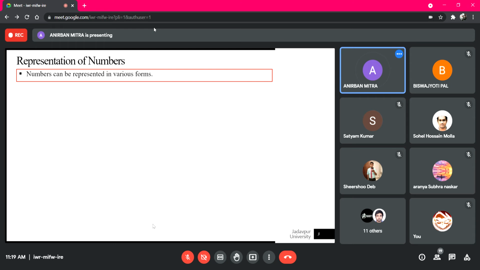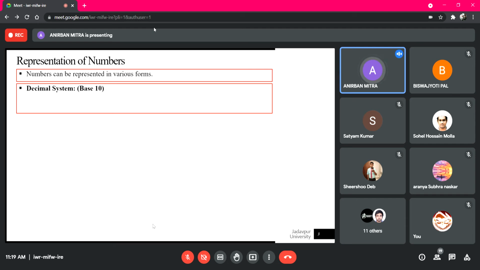and the representation which comes most naturally to us, one that we learn and internalize since our childhood, is the decimal number system. That is the base 10 system. It uses 10 digits, obviously, 0 through to 9. And a number is represented, whether it's an integer or a fractional number, doesn't matter, as a sequence of digits.